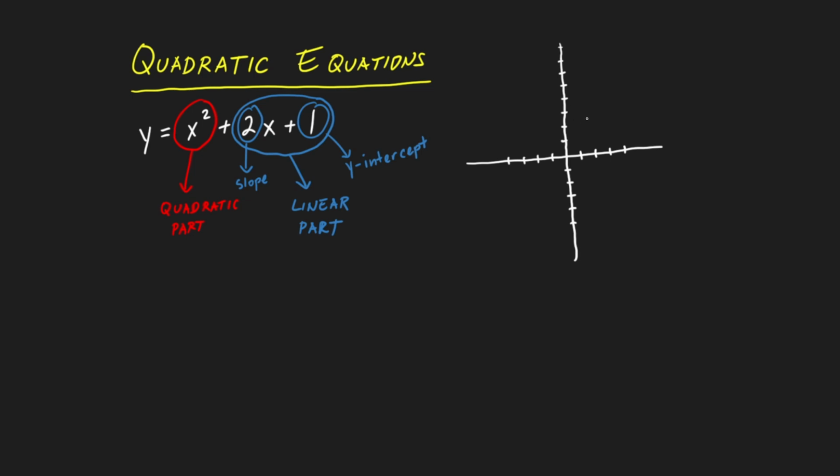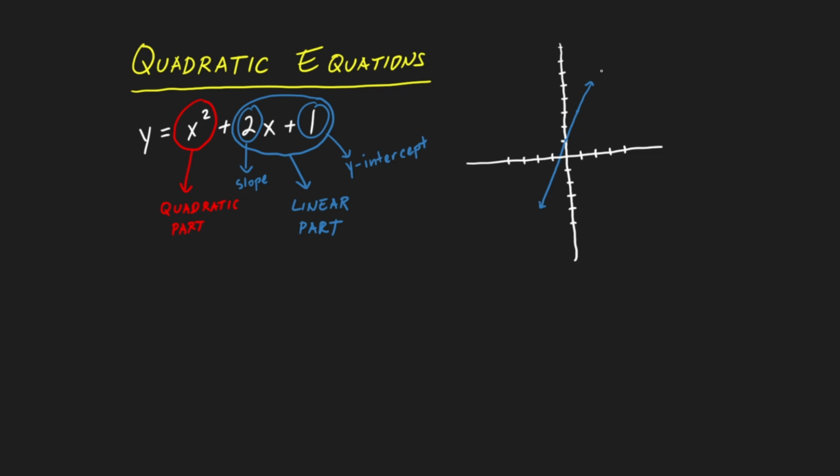Okay, so if we know that the slope is 2 and the y-intercept is 1, we're just going to start here. Just going to make a point here. The rise is equal to 2 and the run is equal to 1, so the next point should be right around here. Okay. And I'm just going to make a line. Just like that.